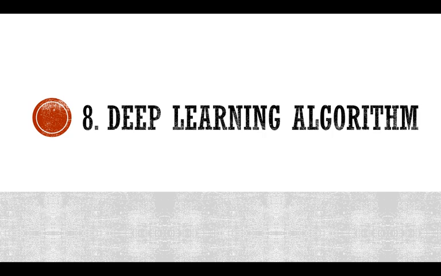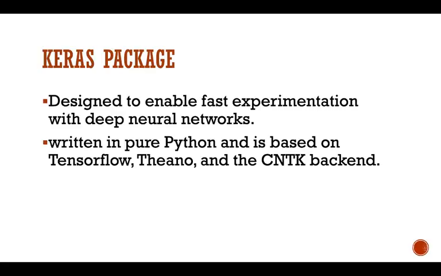In this section, we applied a deep learning algorithm to solve this problem. We use the package Keras, which is written in pure Python and is based on TensorFlow, which we learned in class.